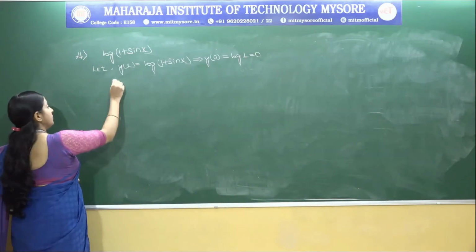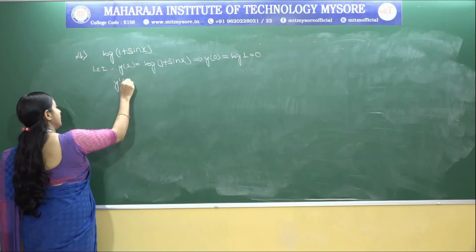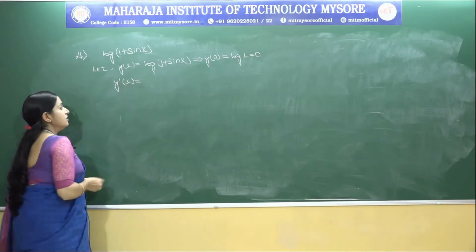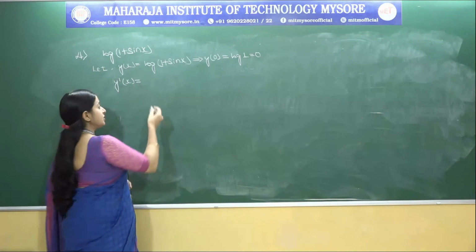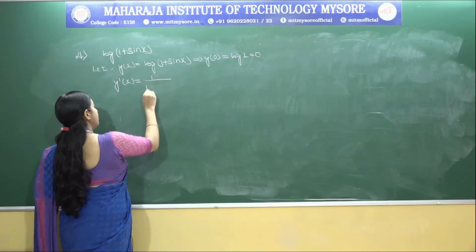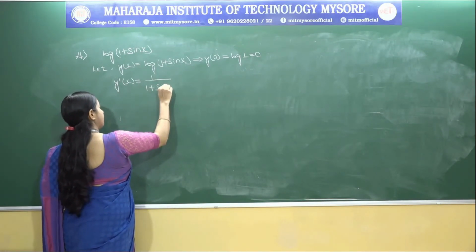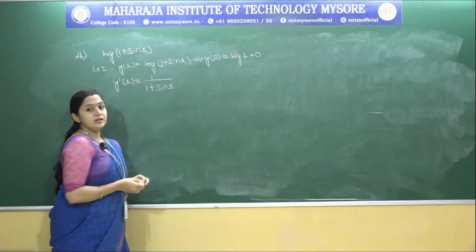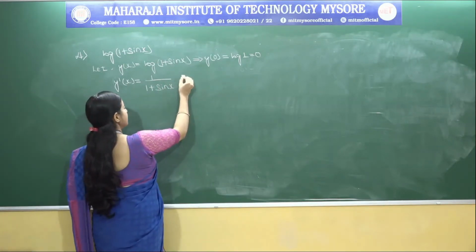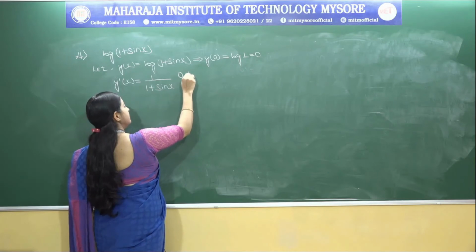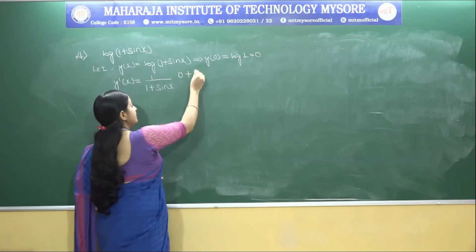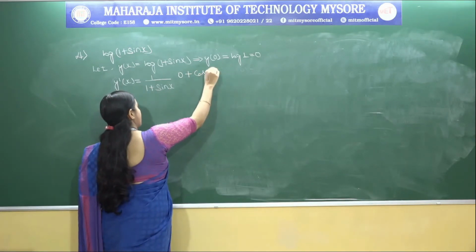For the second term, for the first derivative, y dash of x, log x differentiation is 1 by x. So it is 1 by 1 plus sin x. Differentiate the 1 plus sin x. For the 1 you will get 0 since it is a constant term.